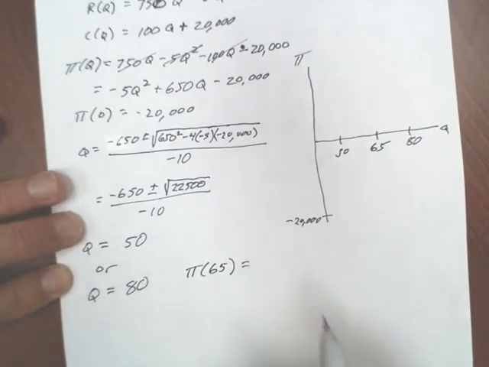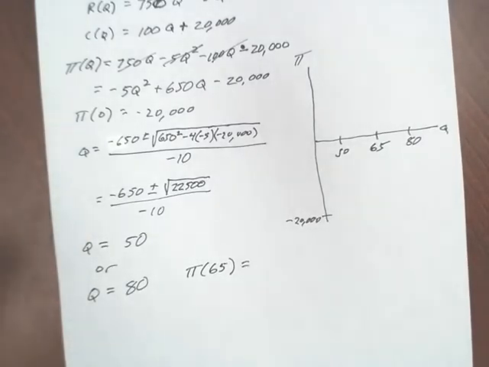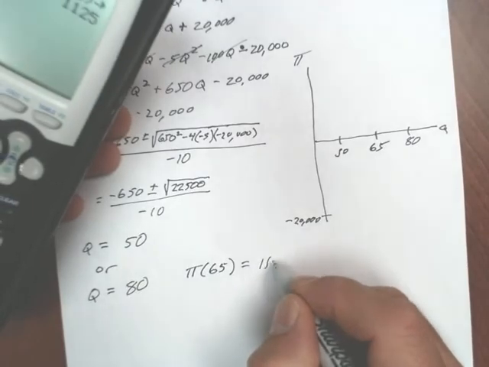What is our profit at that output level? That would be pi of 65. Going to my calculator, I get negative 5 times 65 squared plus 650 times 65 minus 20,000.